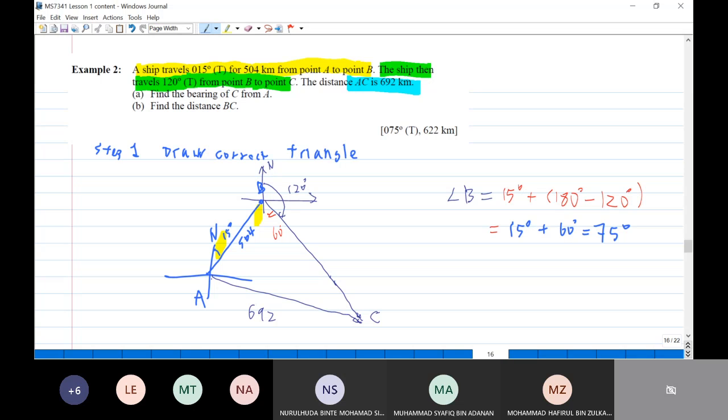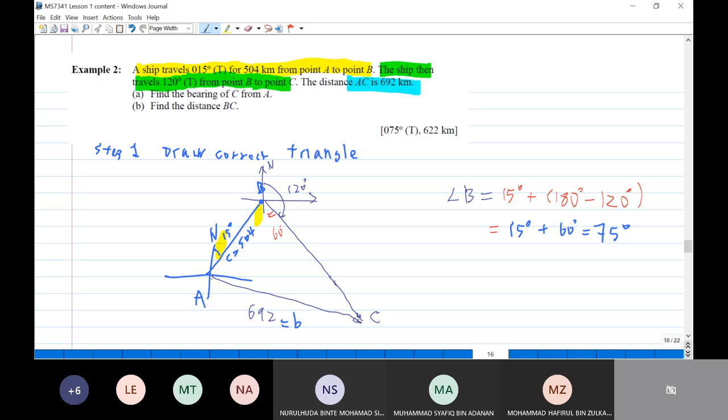Right? So I have an angle opposite B. This one is usually called B here. This one is usually called C here. B and C. So what can I find now? Let's look at the two questions. One of them is bearing of C from A, which is a bit difficult at the moment.